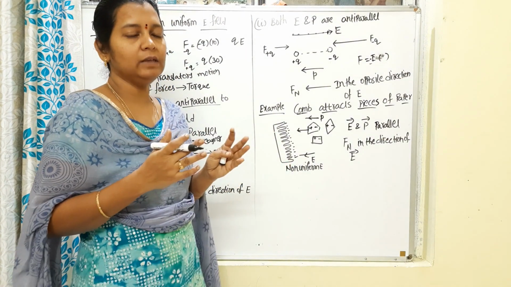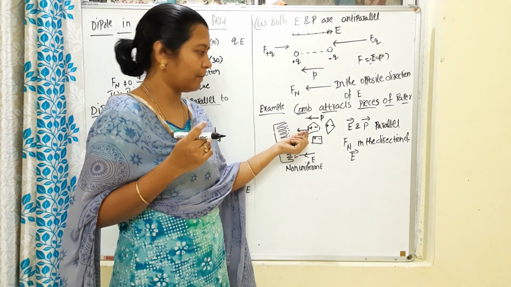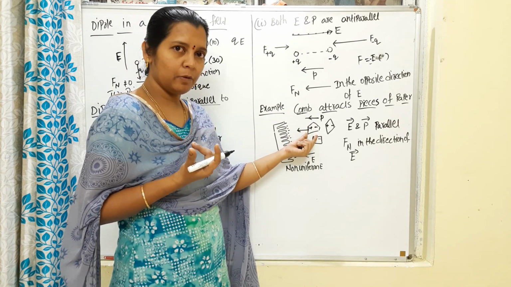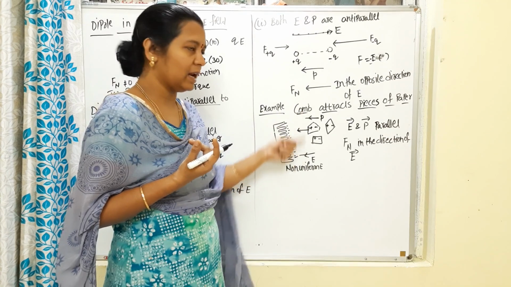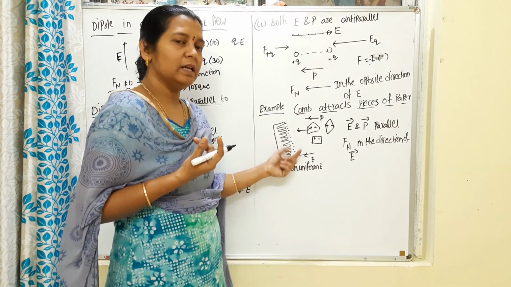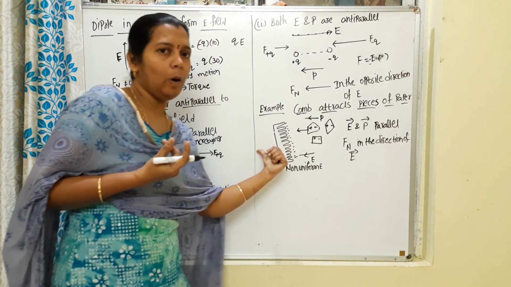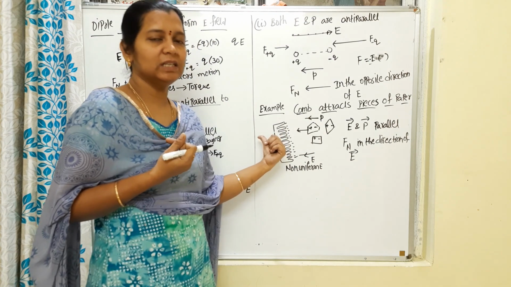The net force acts, and because of it, charges are induced in the bits of paper. So it becomes a dipole, and the direction of the dipole and the electric field are both parallel to each other, due to which the net force experienced by the bits of paper is along the field, meaning they are attracted towards the comb.